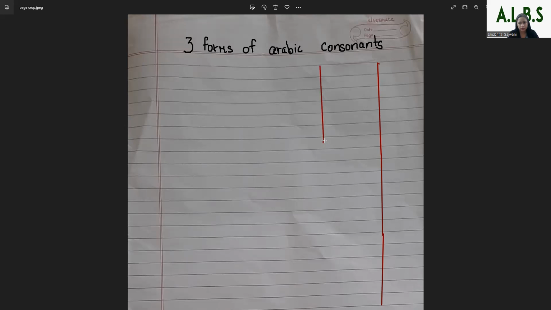Draw lines like this. Here we're going to write down the headings of the three forms of Arabic consonants.